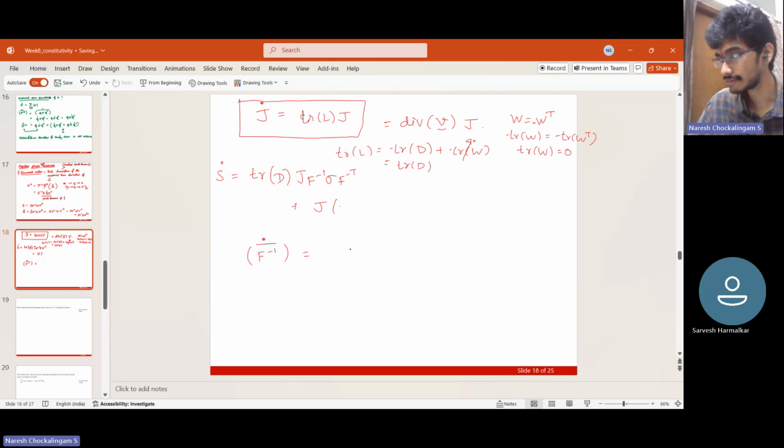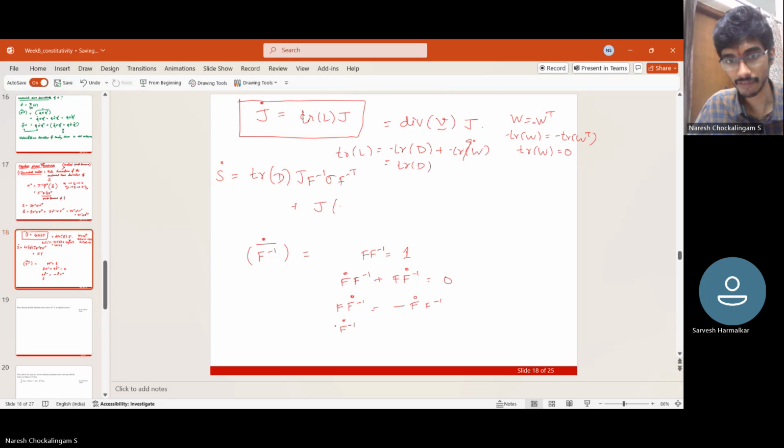So start with F F inverse is equal to I. Differentiate it. You get F dot F inverse plus F F inverse dot is equal to 0. Therefore, F inverse dot is equal to minus F inverse F dot F inverse.